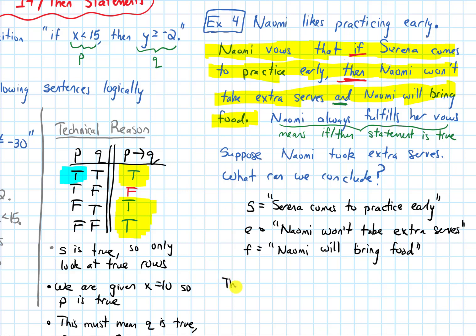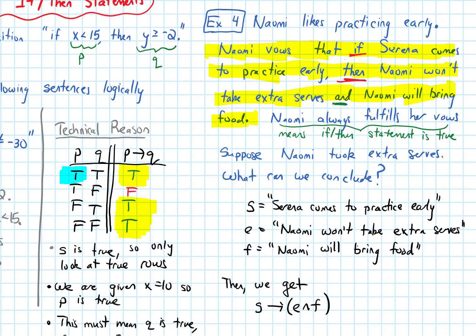So then that sentence, once we translate it to logic, looks like: if S happens, then two things are going to happen. E, Naomi won't take extra serves, and F, which is Naomi will bring food.